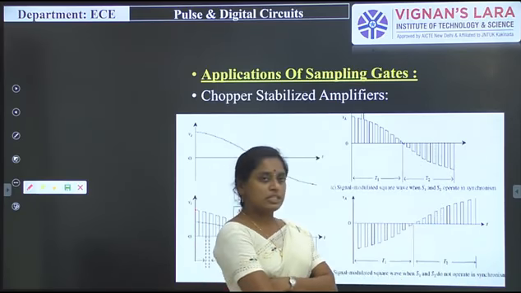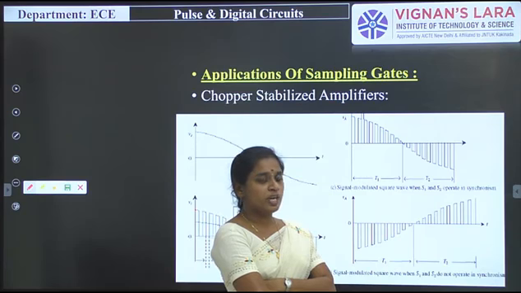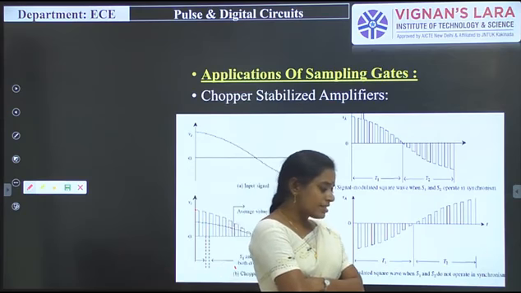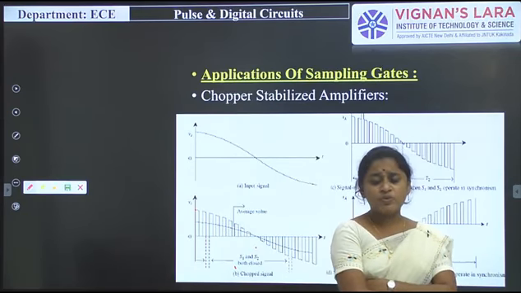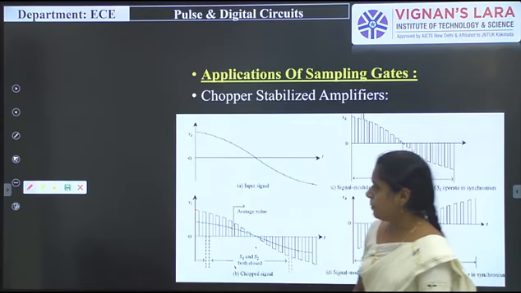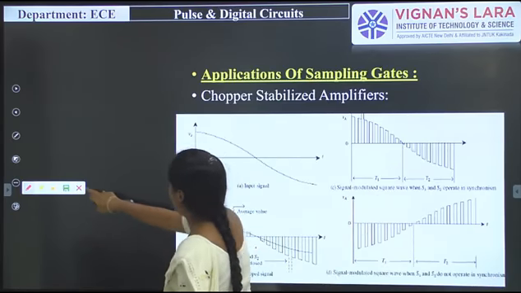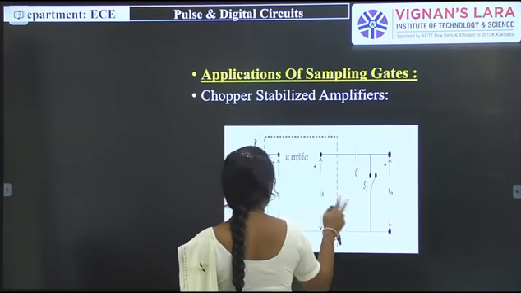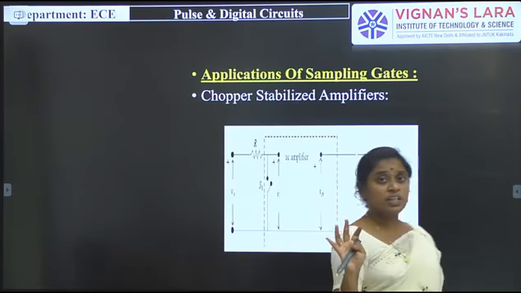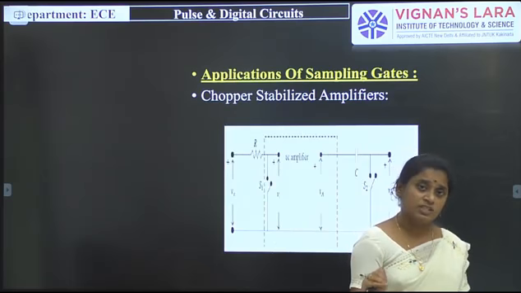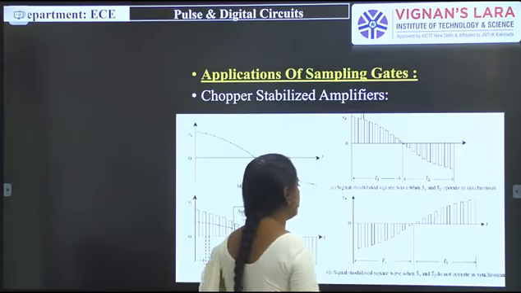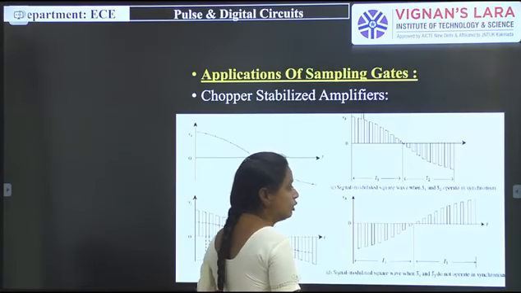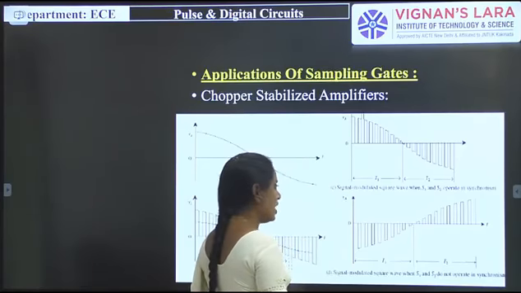When S1 and S2 are synchronized, as we discussed previously, that is very important for producing an output signal. During that time only, the input signal we give will be produced at the output side.